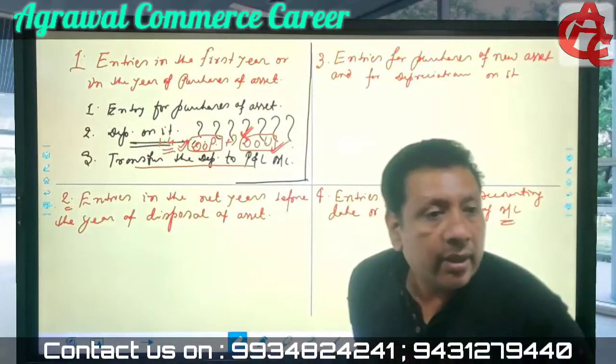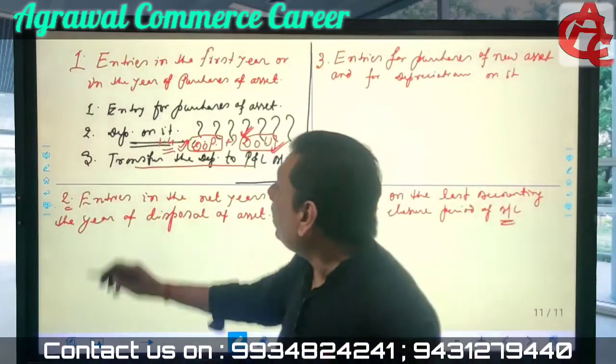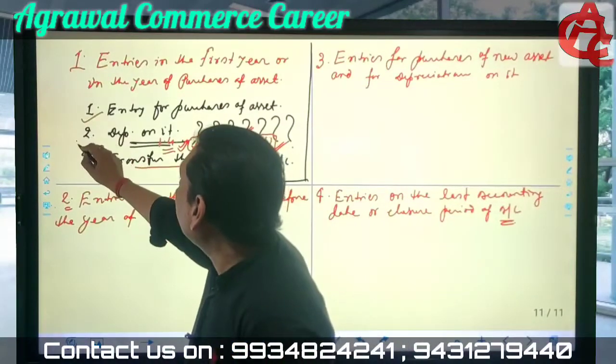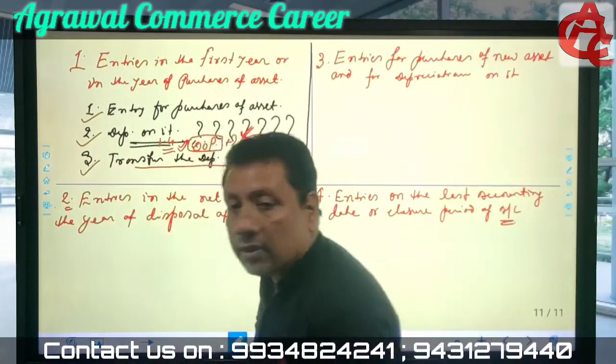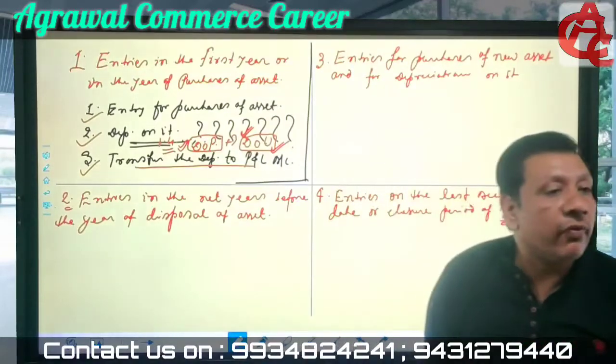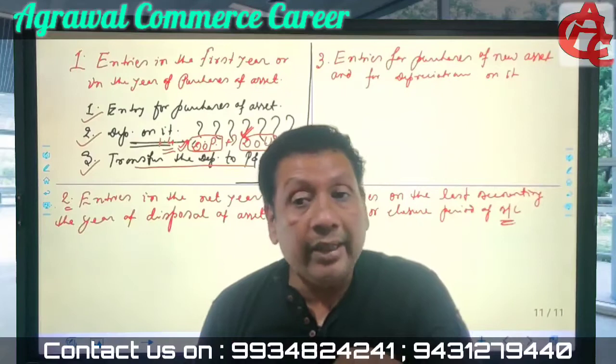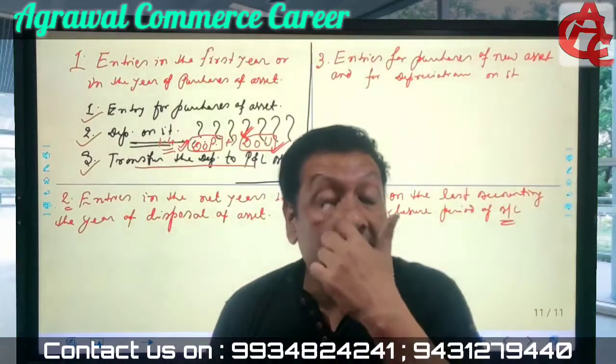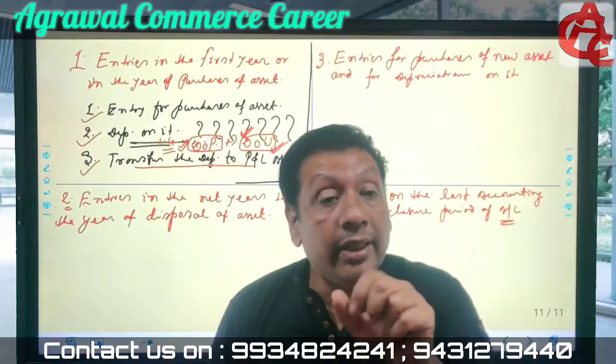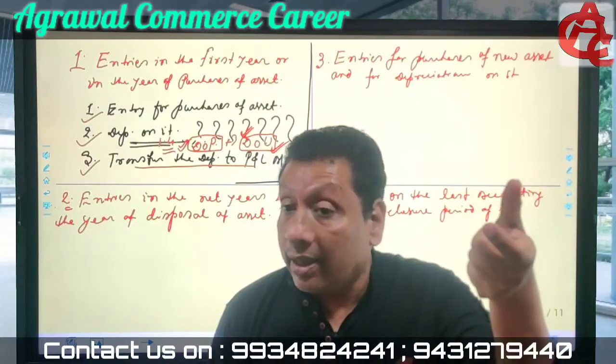Very simple entry. So in the first year, 3 entries: entry for purchase of assets, entry for depreciation, and transfer of the amount of depreciation to profit and loss. Whatever method you have followed for recording depreciation, either direct charge method or provision method, depreciation is debited all the time.